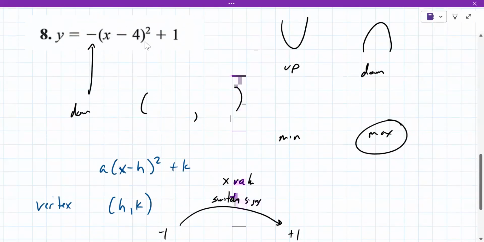What number's in parentheses here? -4. Do we keep it or switch the signs? Switch the signs. Okay, so what number goes here in the first position? 4. What about the next one? 1. You got it. Very good.